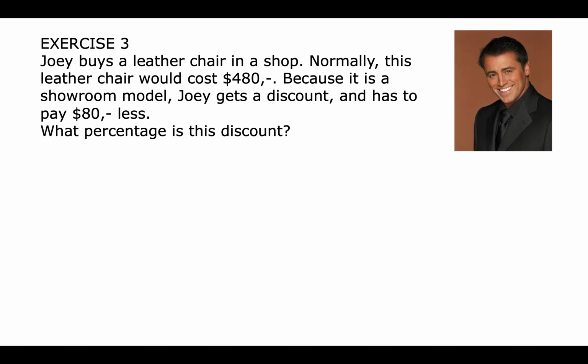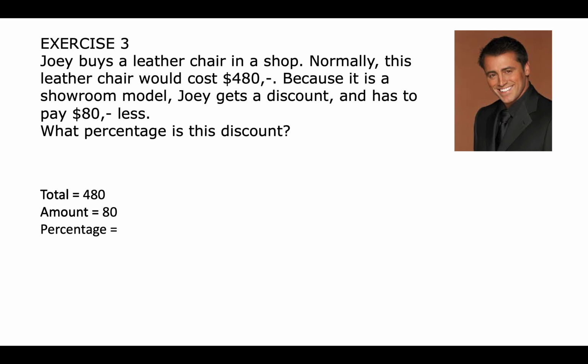Exercise 3. Joey buys a leather chair in the shop. Normally, this leather chair would cost $480. Because it is a showroom model, Joey gets a discount and has to pay $80 less. What percentage is this discount? Well, once again, we know the total, because normally it would cost $480. We know the amount discount he gets, which is $80, and we want to know the percentage.